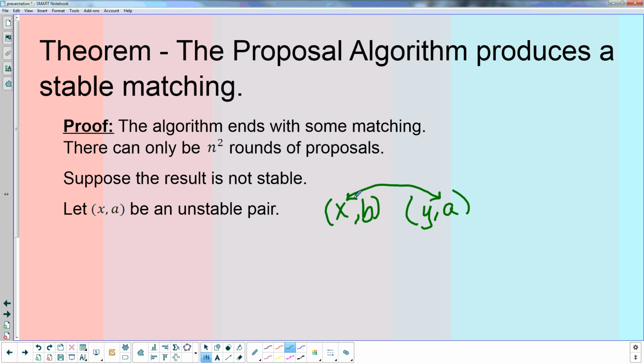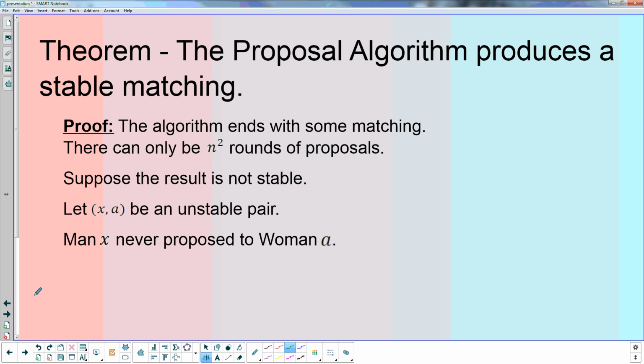In fact, they're each more attracted to each other than they are to their current partners, by the definition of unstable pair.